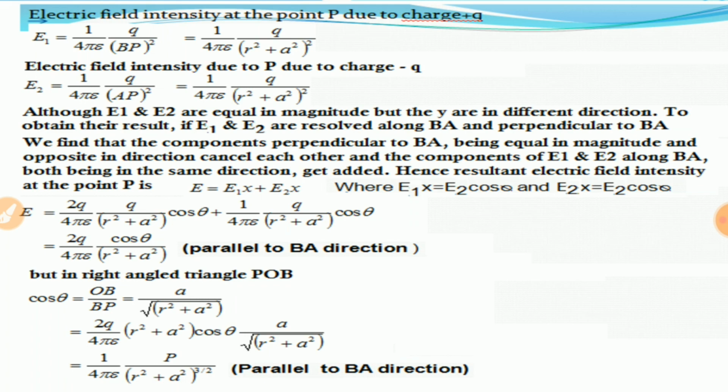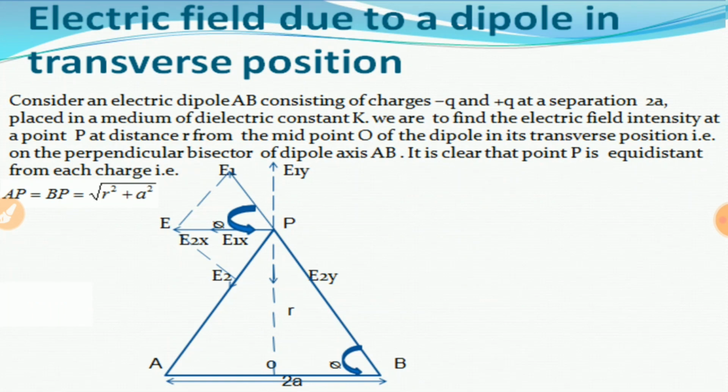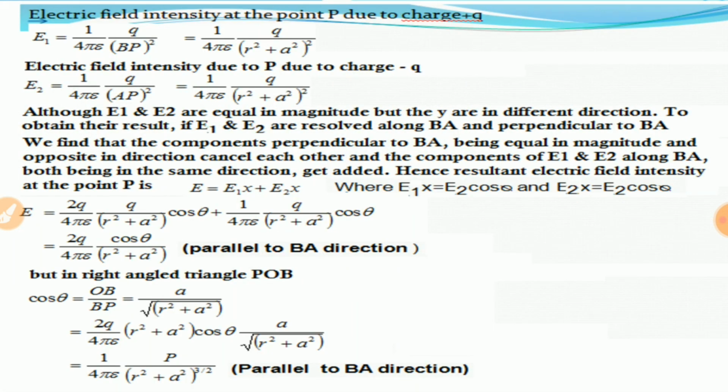So we take the right angle triangle POB for the value of cos theta. According to the figure, PO is equal to r, OB is equal to a. So PB will be under root r square plus a square. For cos theta, OB upon BP is equal to a upon under root r square plus a square.